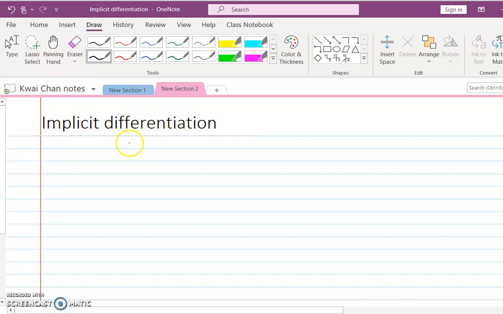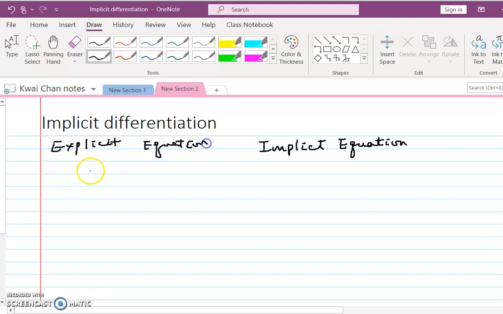So implicit differentiation is applied to an implicit equation. Usually when we do differentiation in the past, we have been doing differentiation on functions, right? And those are called explicit functions, explicit equations. Why?